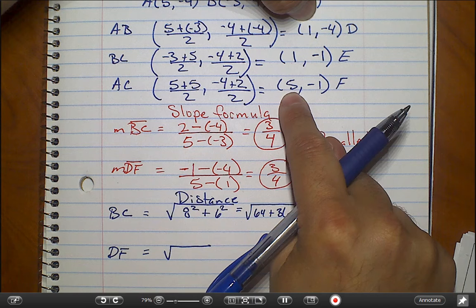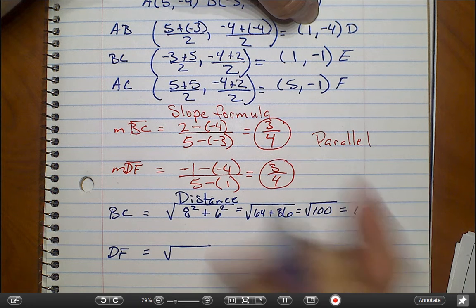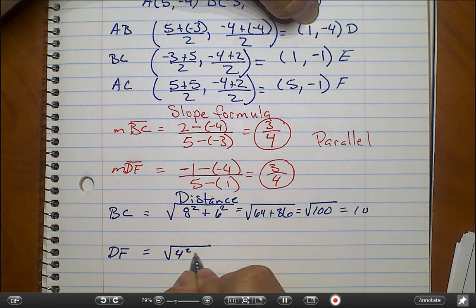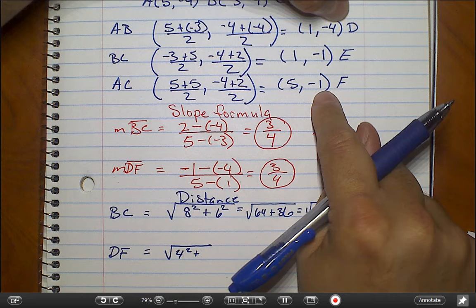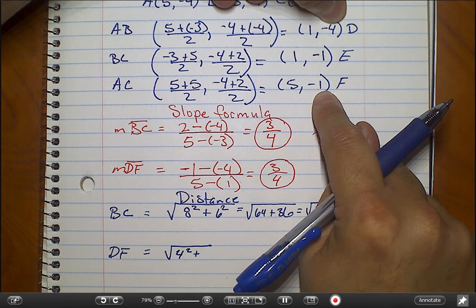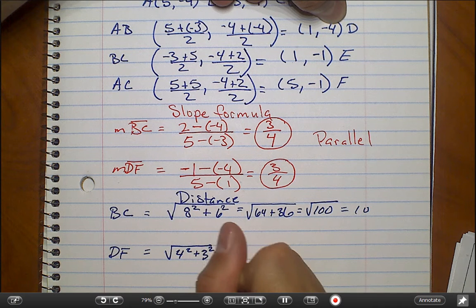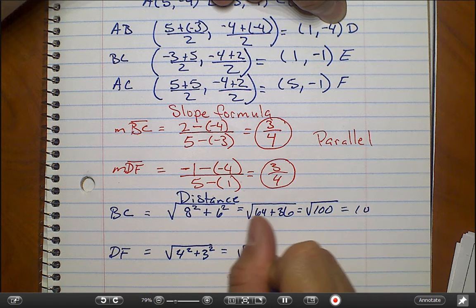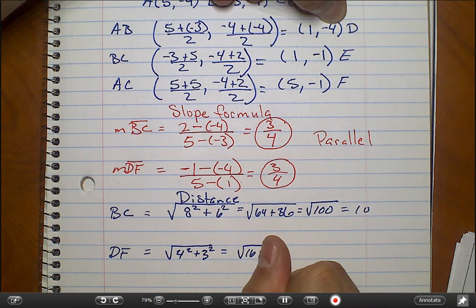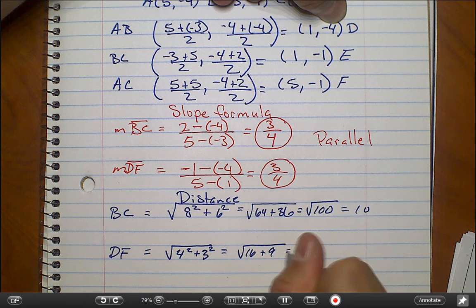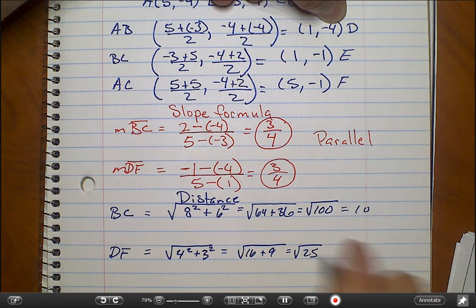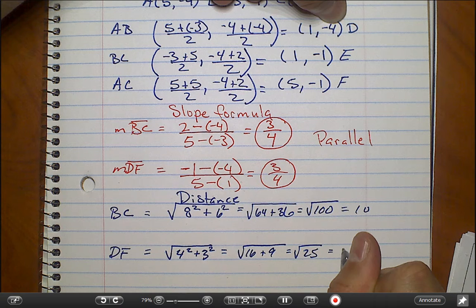Yes. They're 4 apart. On a number line, they're 4 apart. So that's what it's asking for. So 4 squared plus, how far is negative 4 away from negative 1? 3. It is 3. Equals square root of 16 plus 9 equals square root of 25. Square root of 25 is 5.